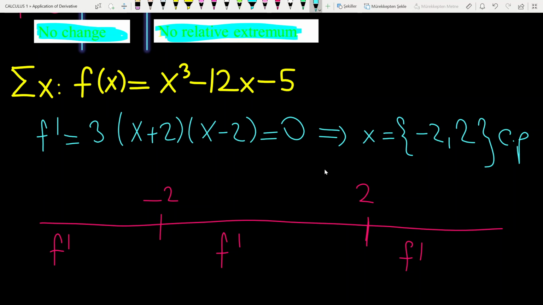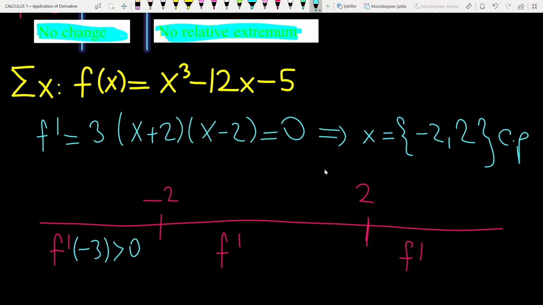So what about the sign of f prime from -infinity to -2? I pick an arbitrary point. Let's say the point -3. -3 is in this interval, right? So the sign of f prime of -3 is positive. You don't have to calculate the value of f prime at the point -3, but we have to know what its sign is.